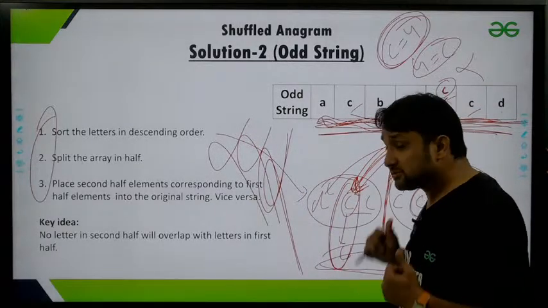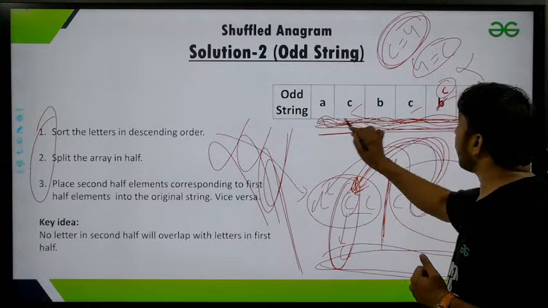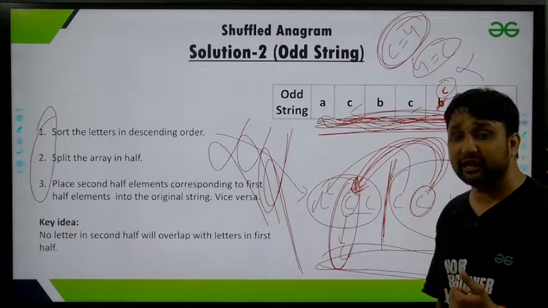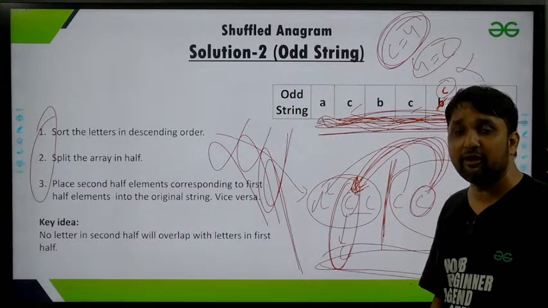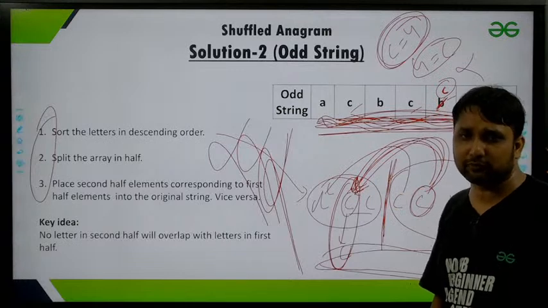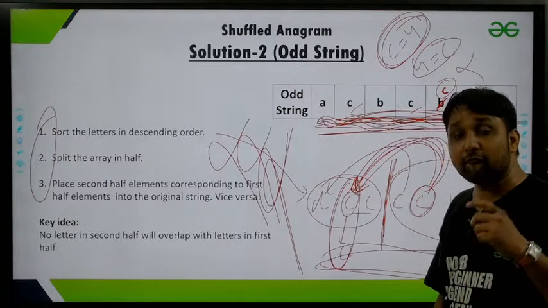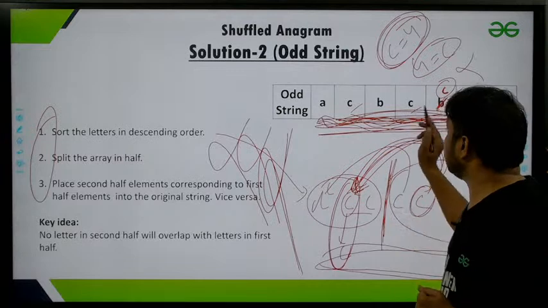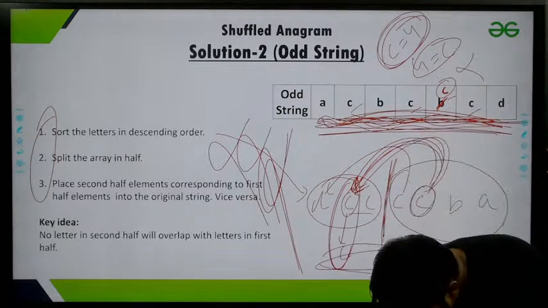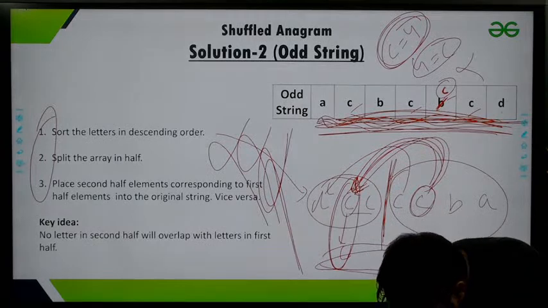Why? Because I am saying that I cannot put 4C in the input string. This is my question: why can't I put 4C in the input string? Impossible. Very good, Kaushik, impossible. The answer is impossible.